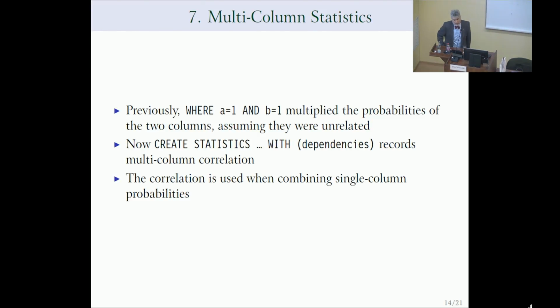But there's always been one area that we've had trouble with in the optimizer. And that is a case where you have two different columns that have some type of relationship to each other. Now, to back up, Postgres creates something called statistics for every column.